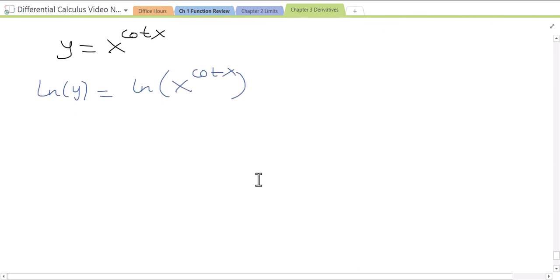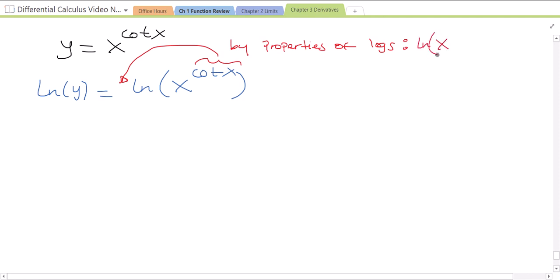Because then we can use properties of logarithms and bring this exponent to the front, not because I'm taking the derivative, but by properties of logarithms. That's the property that if you have the natural log of x to the power of p, then you can write that as p times the natural log of x, or any base logarithm.